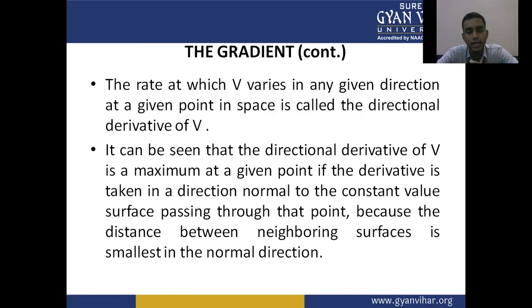It can be seen that the directional derivative of V is maximum at a given point if the derivative is taken in the direction normal to the constant value surface passing through that point, because the distance between the neighboring surfaces is small in the normal direction.